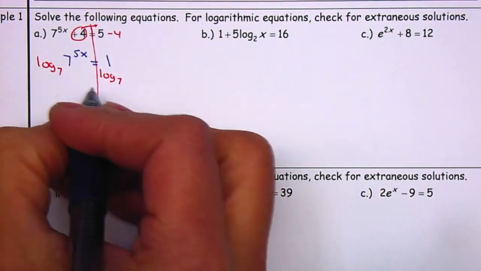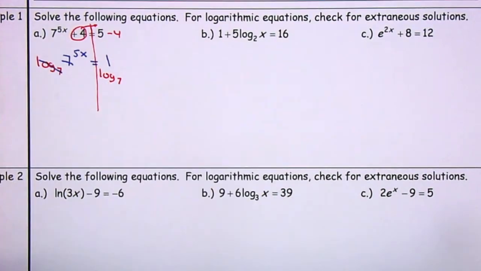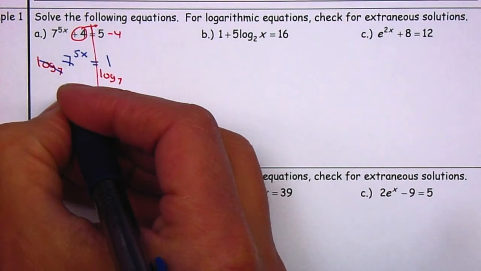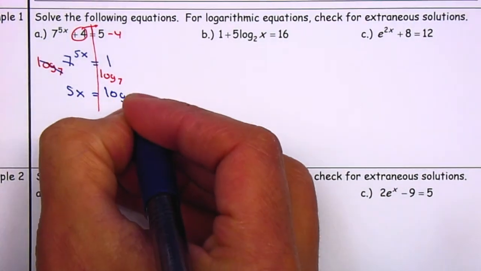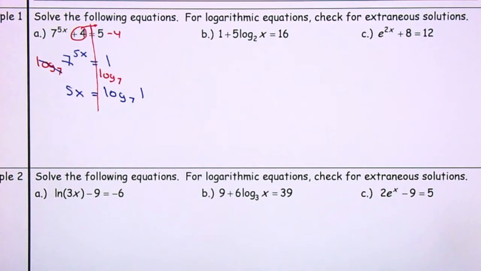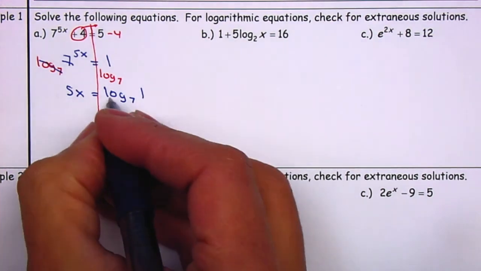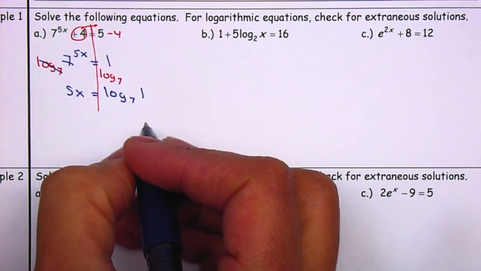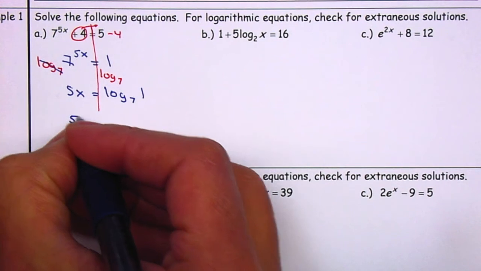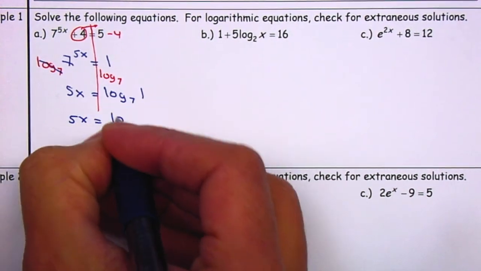Because the base is the same, this will cancel out. Therefore, I have 5x is equal to the log base 7 of 1. If you guys remember, if there's a 1 in here, log base 7 of 1 is going to be equal to 0.